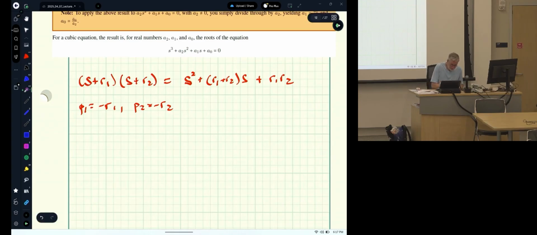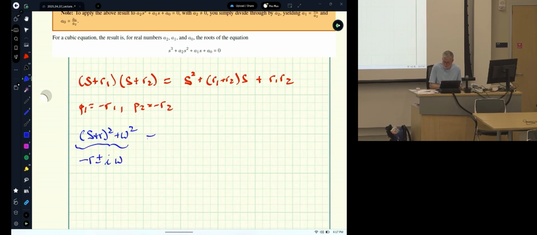Now, what about the complex case? S squared plus... so this gives you the roots are minus R plus or minus i times omega. And when you multiply this out, you get s squared, and you get 2 times R s, and then you get R squared plus omega squared.